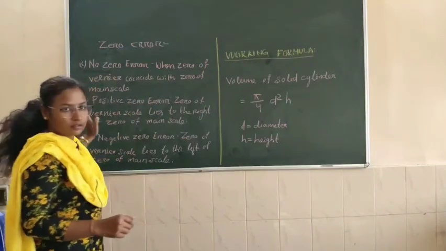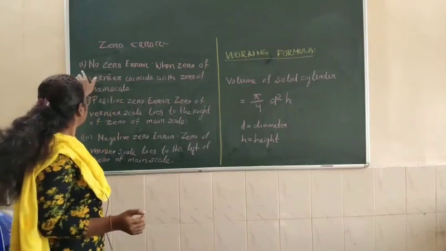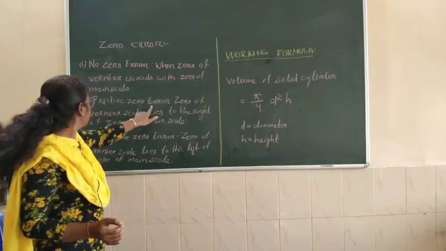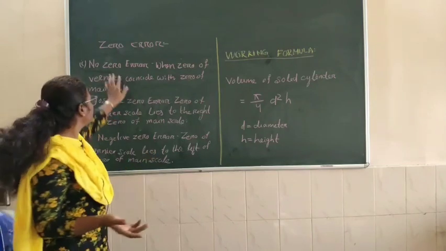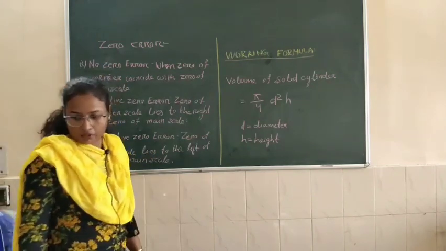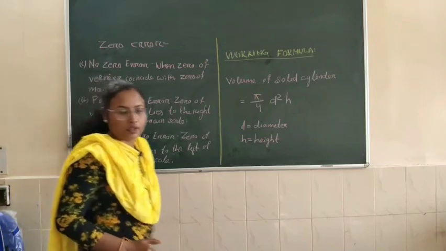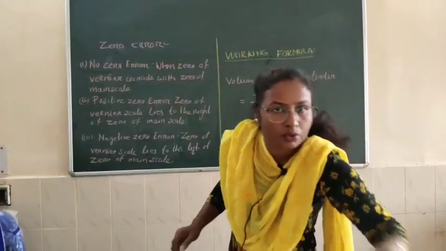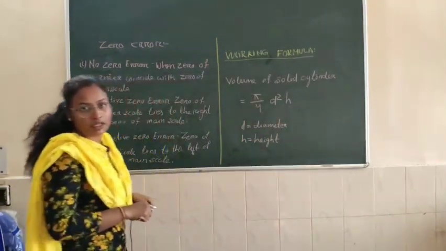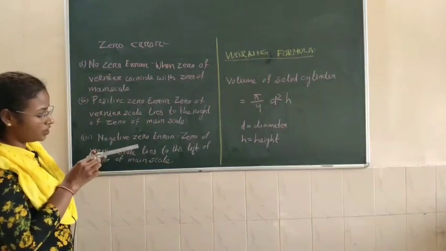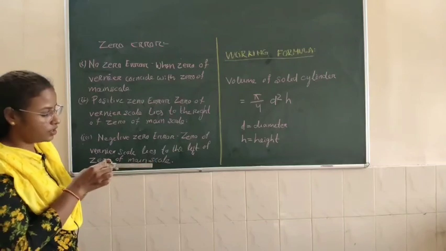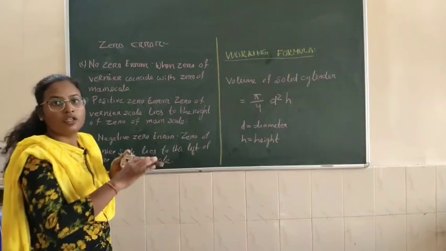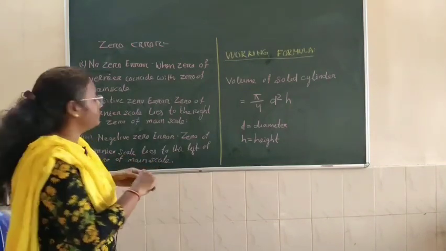So, there are three types of zero error. First one is no zero error, positive zero error and negative zero error. Now, what do we call no zero error? In that instrument, as you have seen, there are two scales, one is the vernier scale and one is the main scale. The first line of the vernier scale is called the zero of the vernier scale and the first line of the main scale is called the zero of the main scale.